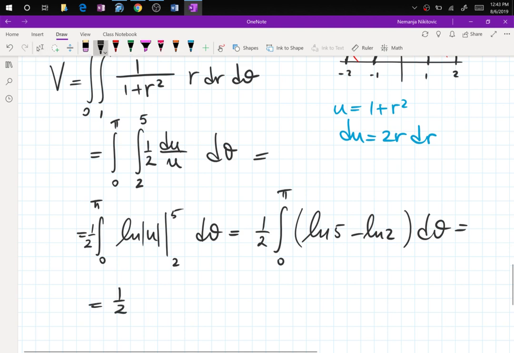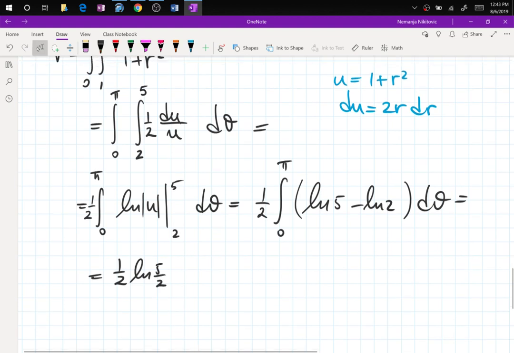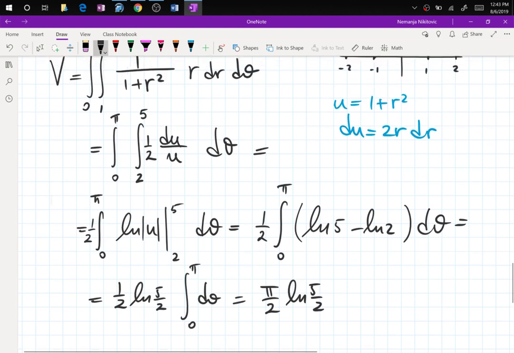Actually, ln is just a constant, so I can kick ln 5/2 outside. You can combine subtraction of logs into division of arguments. And now we just need to integrate d theta from 0 to pi, which gives us pi. So pi over 2 ln 5/2 is the volume that we have.